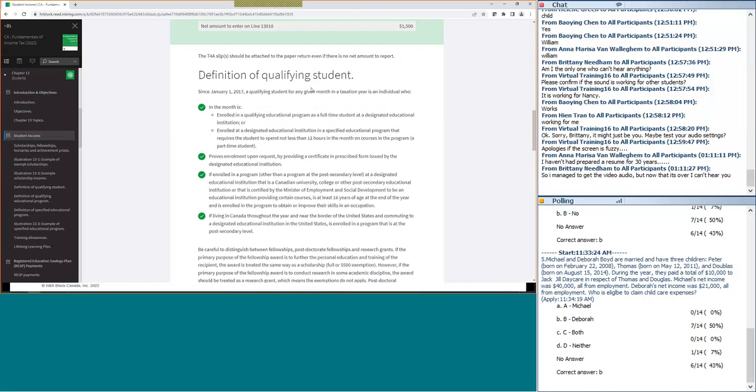So a qualifying student is someone who's enrolled in a qualifying program as a full-time student or a designated institution in a specified educational program that requires them to spend not less than 12 hours in the month on courses in the program. So they have to be in class at least 12 hours in a month.